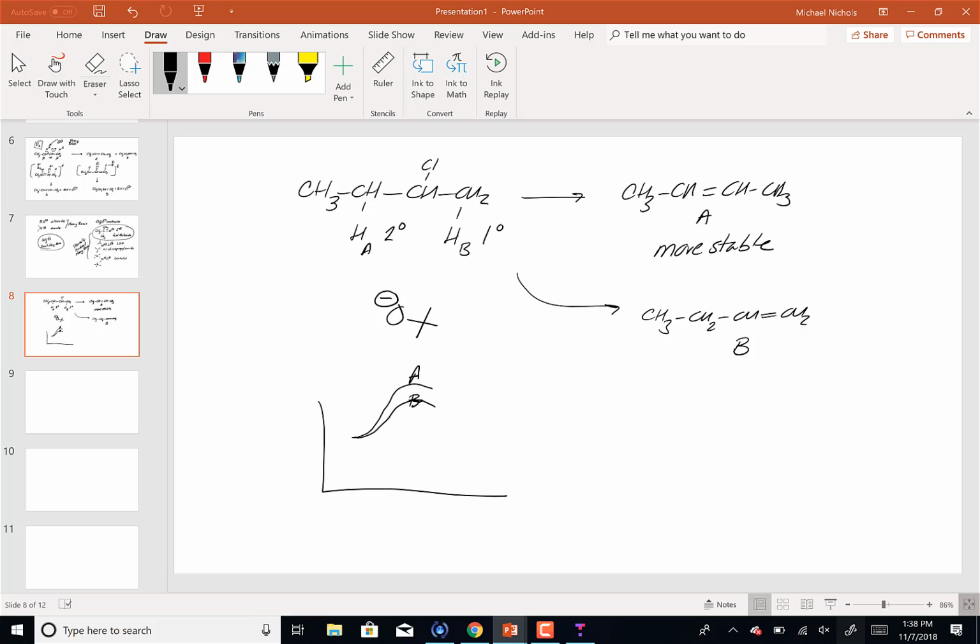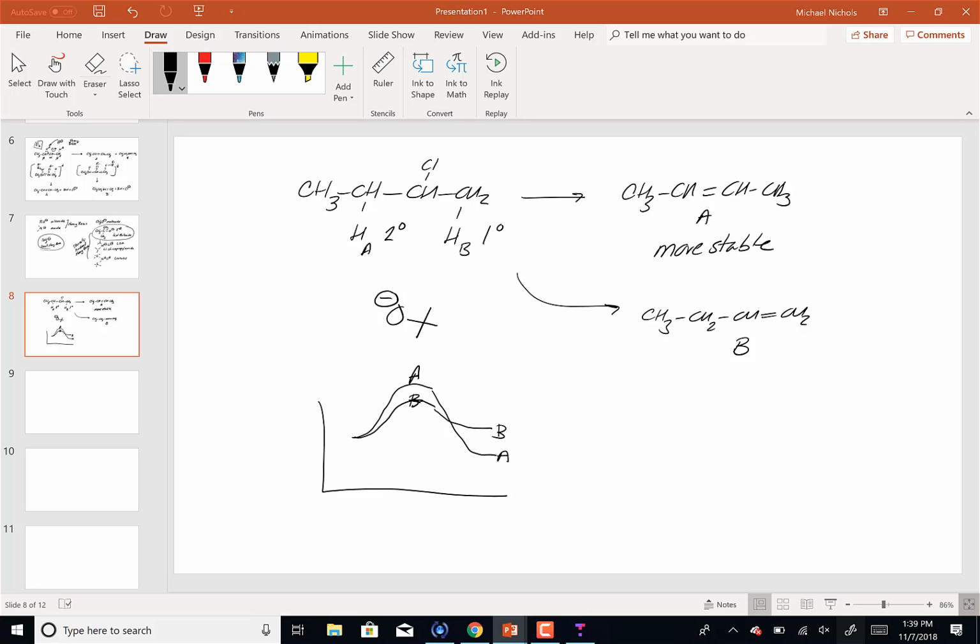Okay, now I heard some discussion about products. B is still less stable than A, or A is still more stable than B. So the reaction coordinate diagrams look like that. That's not normally the way we do it, right?